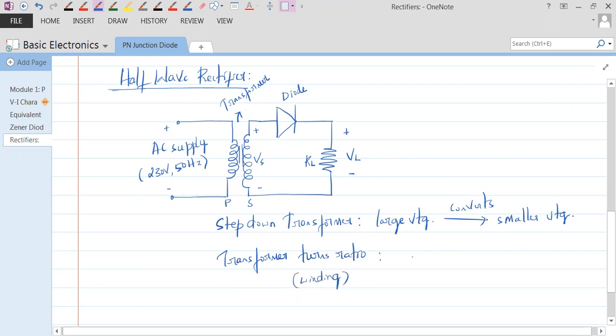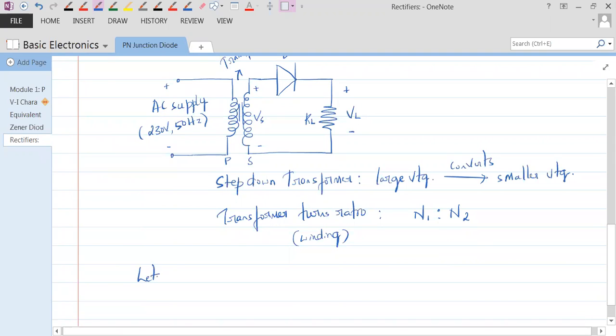It is N1 is to N2, because it is a ratio. Is everybody okay with that? So to what value the 230 volts is reduced depends on the transformer turns ratio.